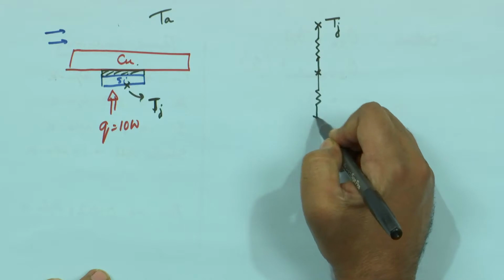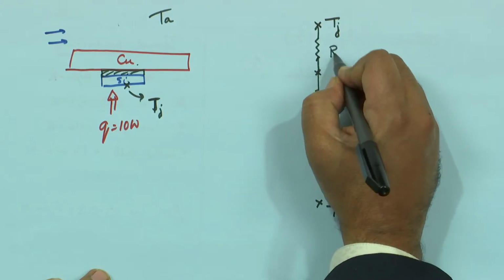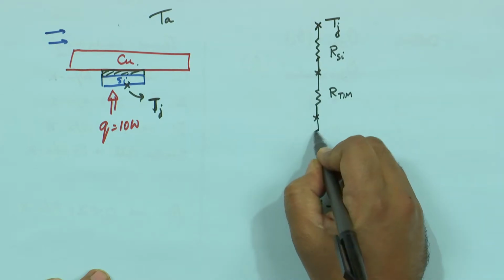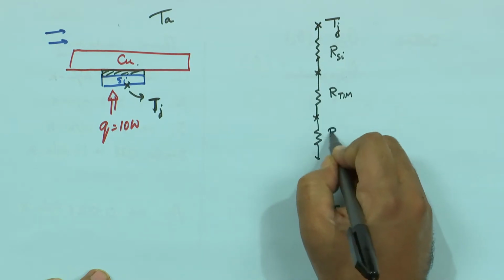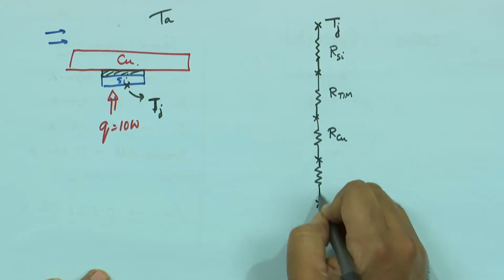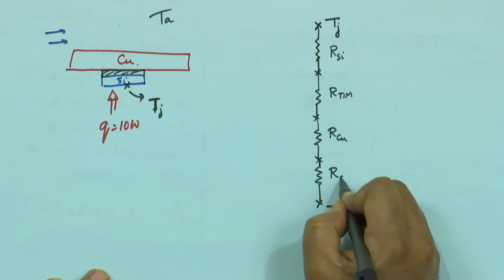How many resistances can I draw? The first one is R silicon, R TIM, R copper plate, and finally R convection.